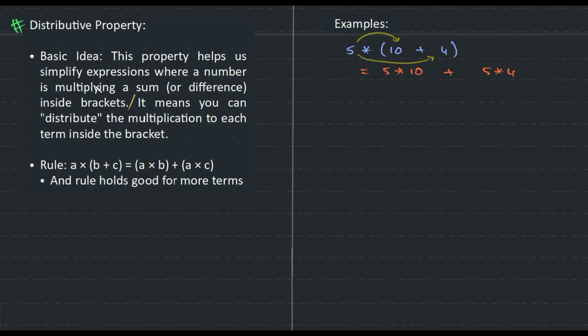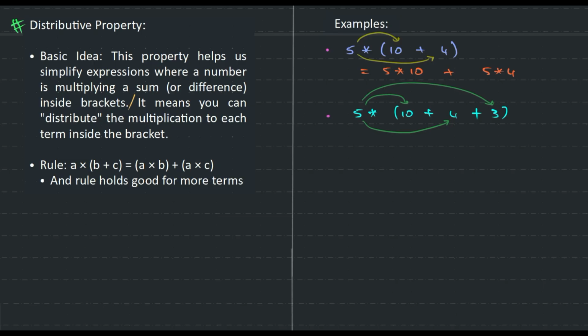So we have made a point over here that it holds good for any number of terms. So 5 times of 10 plus 4 plus 3. Distributive property tells that you should multiply 5 times of 10 and also 4 and also 3.